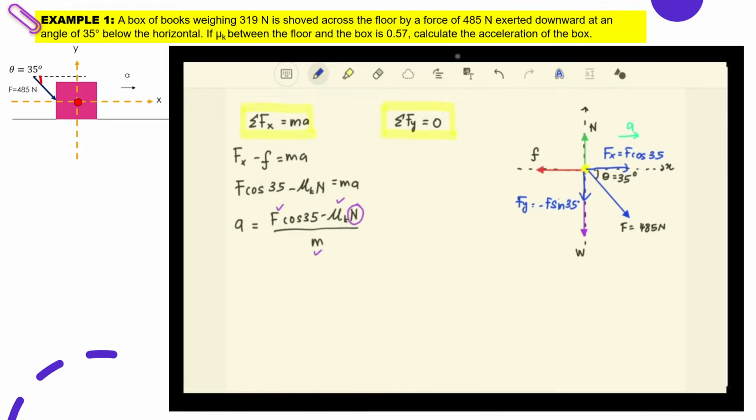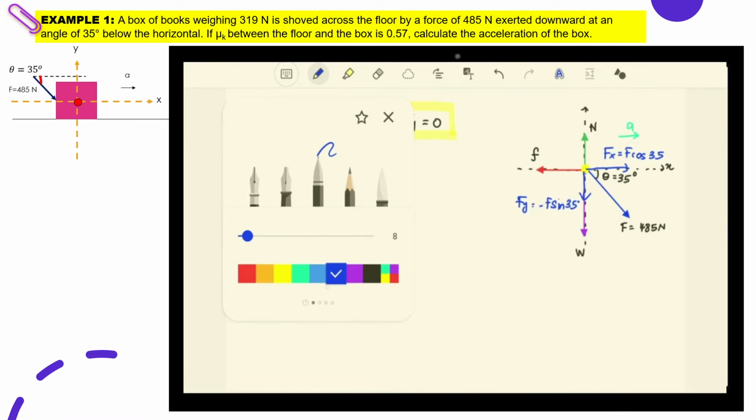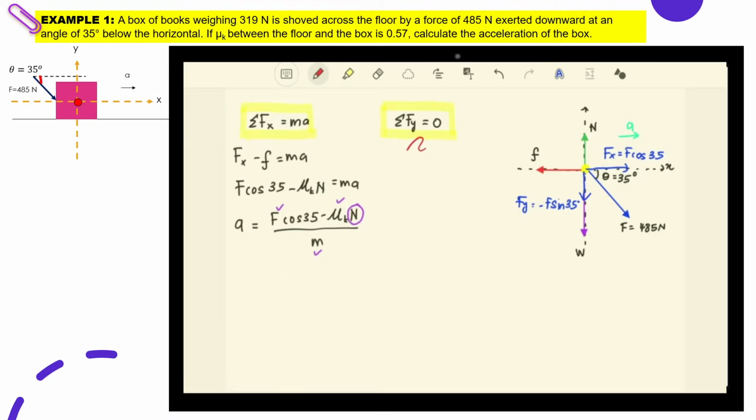Total Fy, where we have n, Fy and weight: n plus negative F sine 35 plus negative W is equal to 0. Therefore n is equal to F sine 35 plus W.